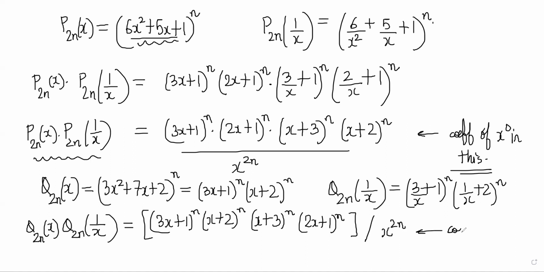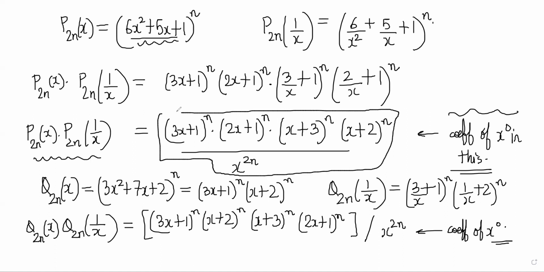So the coefficient of x power 0 here will be the same as the coefficient of x power 0 there, because both the expressions are identical, only the order of the factors is different, right? So that was an easy problem where we just learned how to find the sum of squares of the coefficients of a given polynomial. Let's look at another problem.